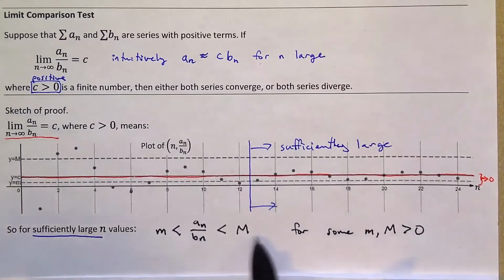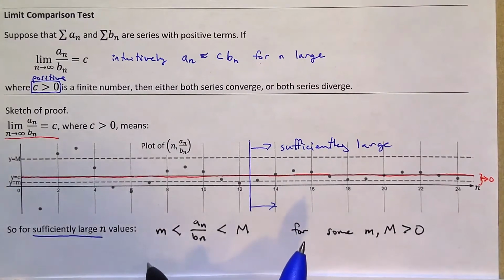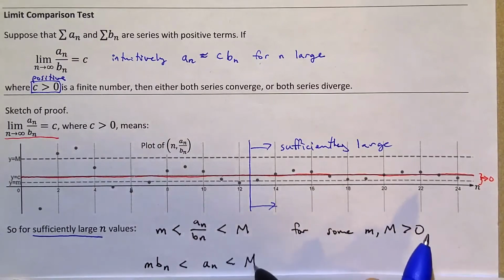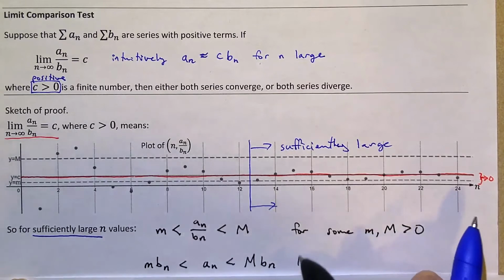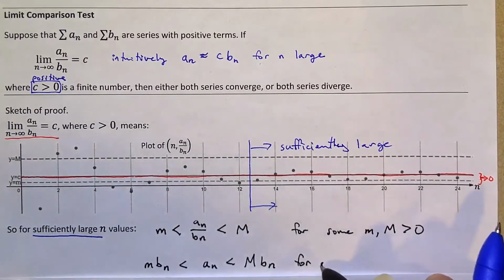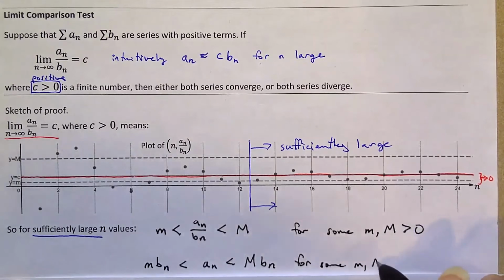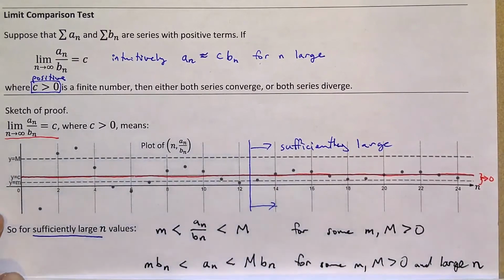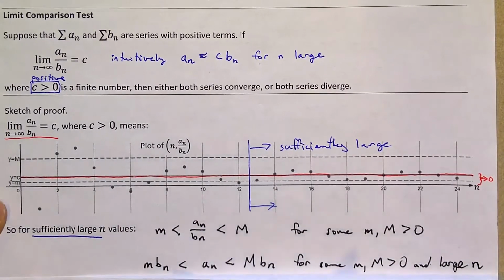I'm going to multiply everything through by bn, and I see this new inequality. Again, this inequality is true for some m and capital M and large n going out far enough. That's what makes this true.